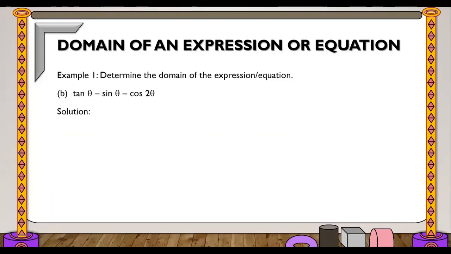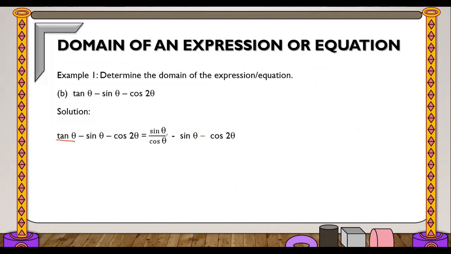Okay, let's try this. Determine the domain of the expression tangent theta minus sine theta minus cosine 2 theta. So, ang solution natin dyan. Okay, so tangent theta minus sine theta minus cosine 2 theta, pwede natin kuhanin yung identity ng tangent theta.